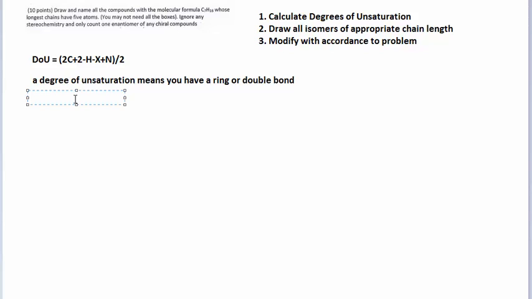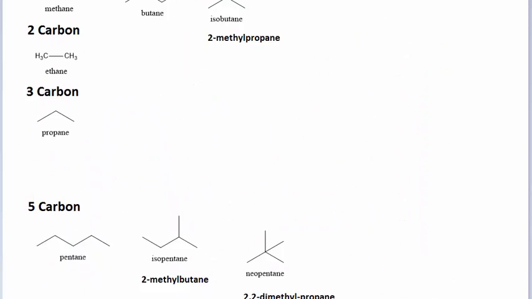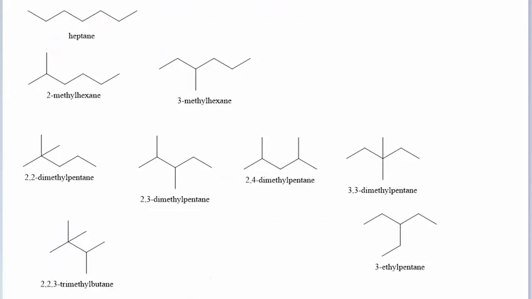what we care about is if degrees of unsaturation is greater than 0, this strategy will fail. So everything I'm about to tell you about solving these problems won't work if your degrees of unsaturation are greater than 0. The reason is that if you look at all the structures we've generated so far, all of these and all of these, there are no double bonds, triple bonds, or rings anywhere.